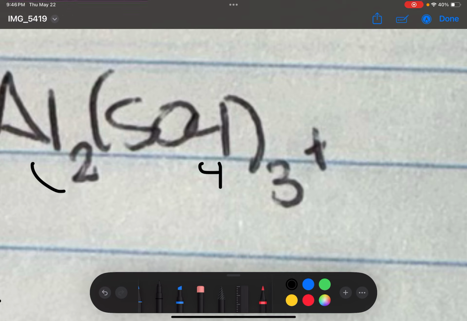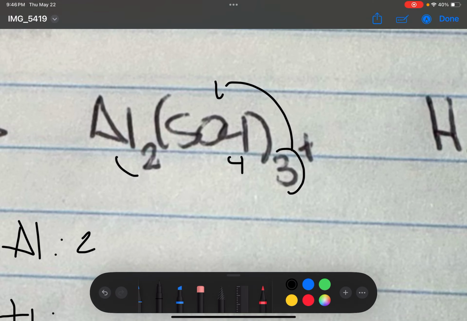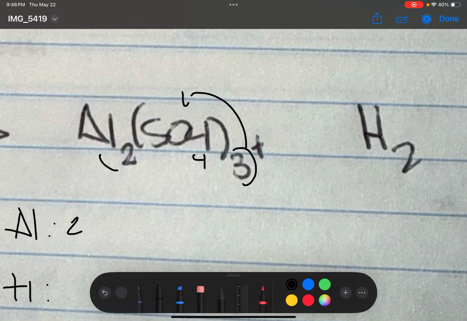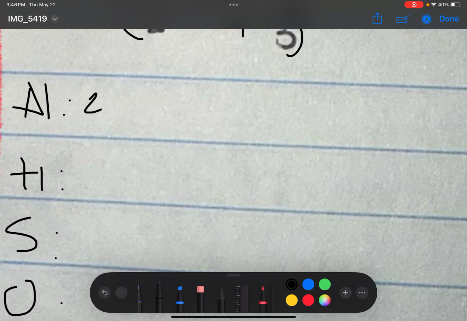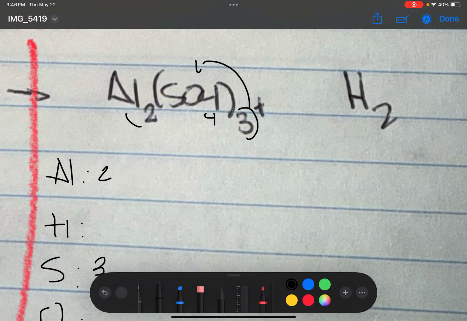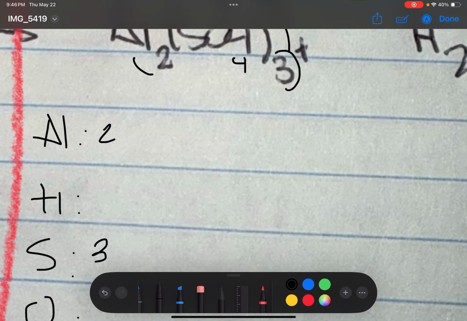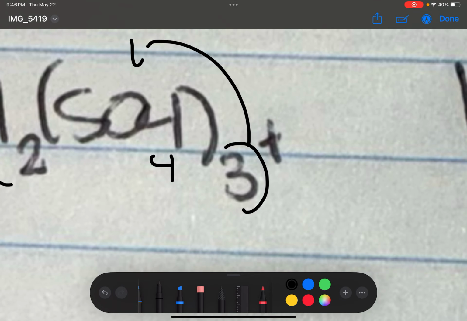So now you see how this is in parentheses, right? That means that this is multiplying the whole entire thing, because it's in parentheses. So then that means that there's three S's, and there's three O's, I mean not three O's, this is a little 4.